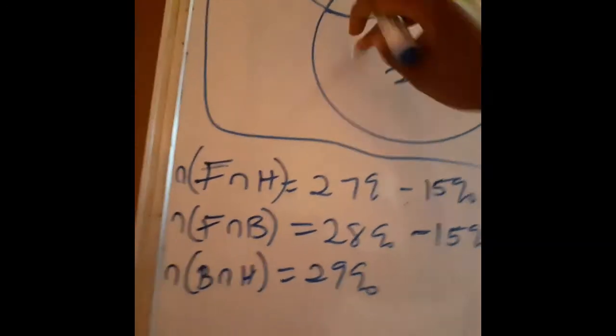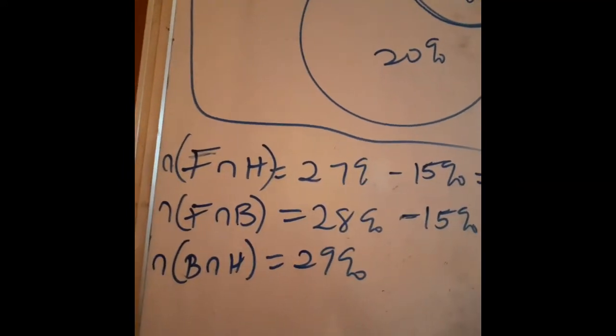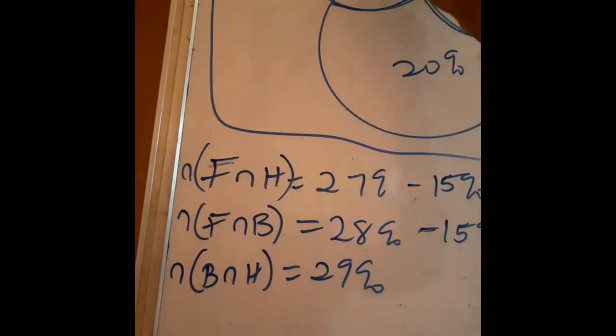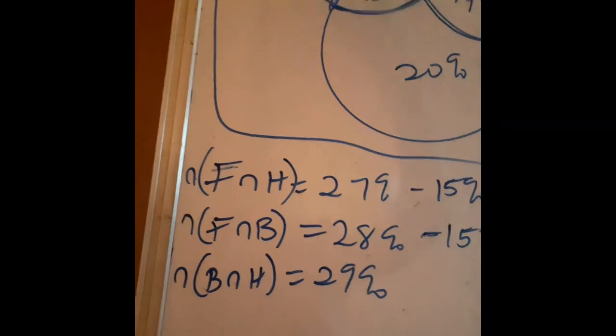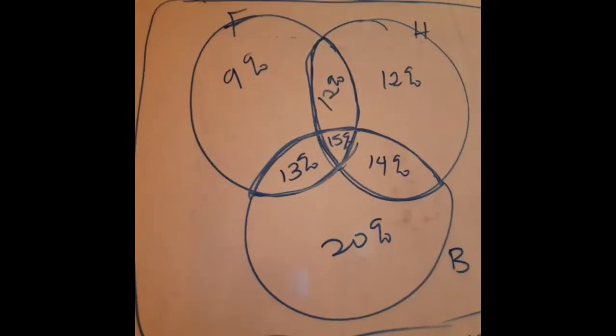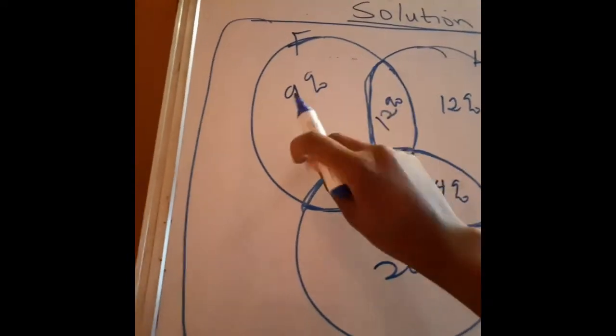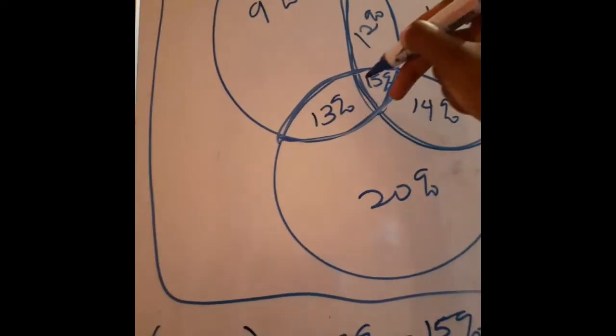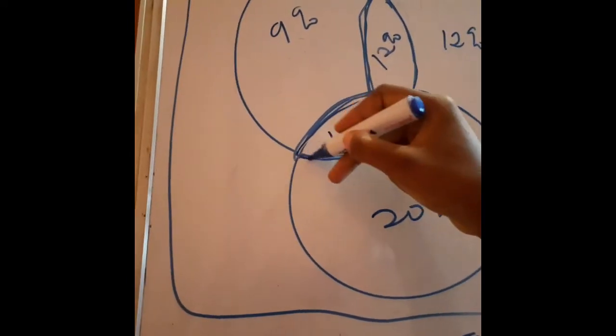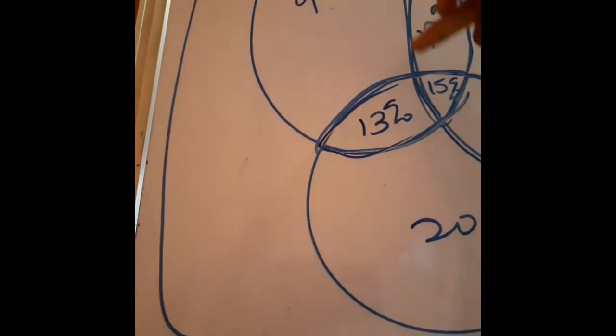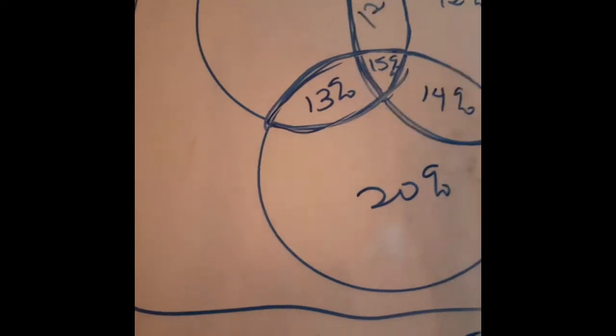F and B, which is 13. The intersection of this and this, F and B, and this and this and this, which is all this. So this here must give us what was given in the question.